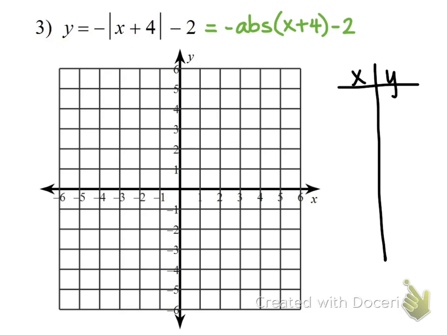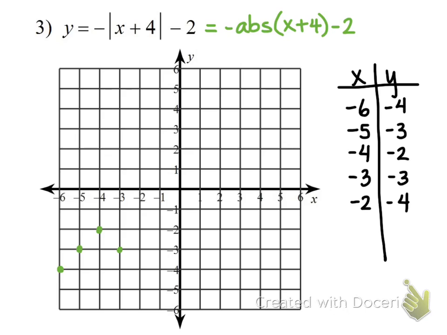Okay, so when I go to the table for this function, I just pick some values and plot those points. This one isn't too crazy. Whole numbers on this one. When you connect the dots for an absolute value function, it should look like a V, either opening up or down. Now, obviously, my picture here looks a little different than my calculator because the window on my calculator is different than this graph is set to.